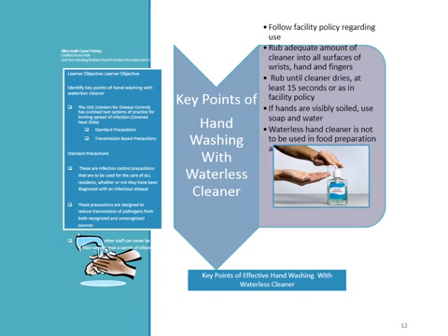You should rub until it's completely dry, at least 15 seconds, or as your facility policy states. If your hands are visibly soiled, you should use soap and water. Waterless hand cleaner is not to be used in food preparation areas. We will practice hand washing when we have skills.